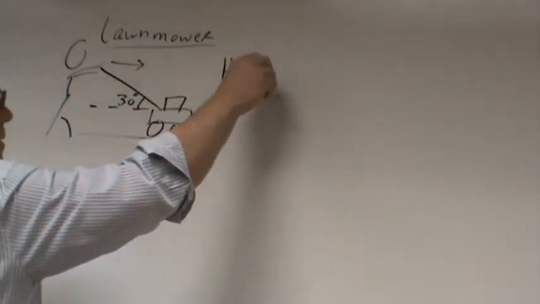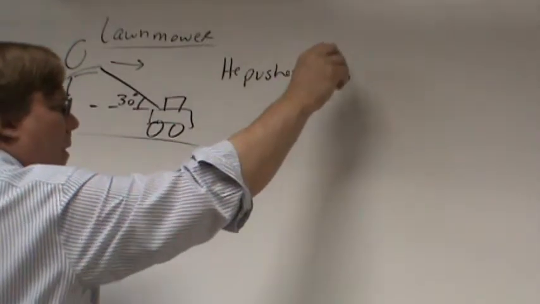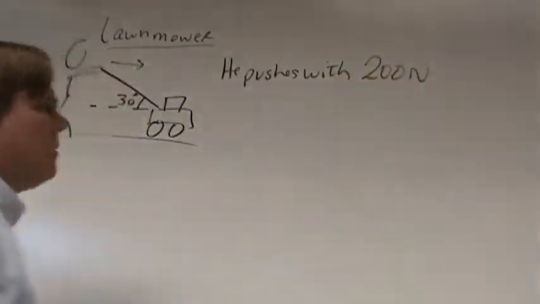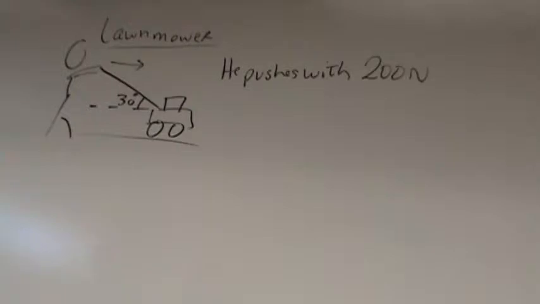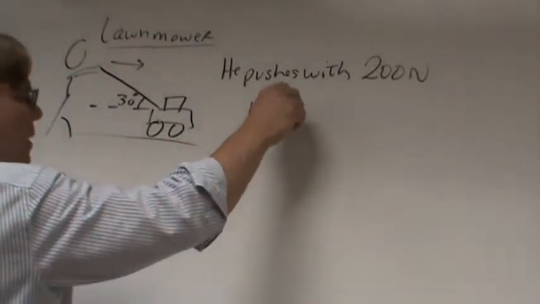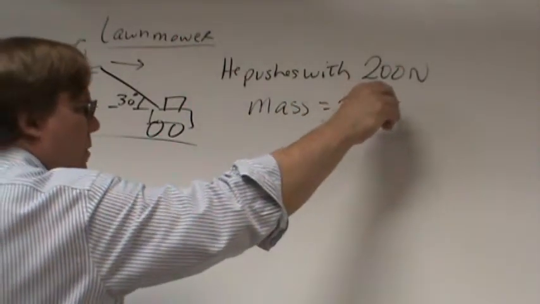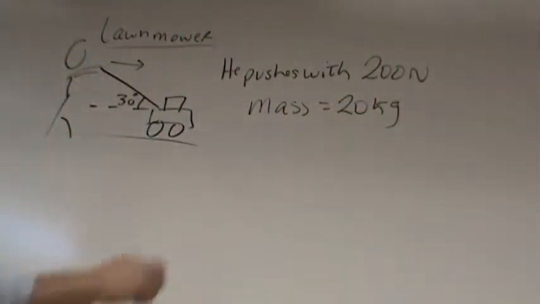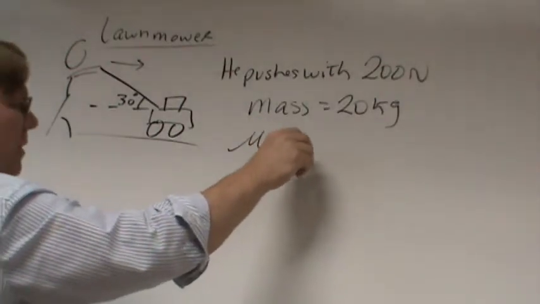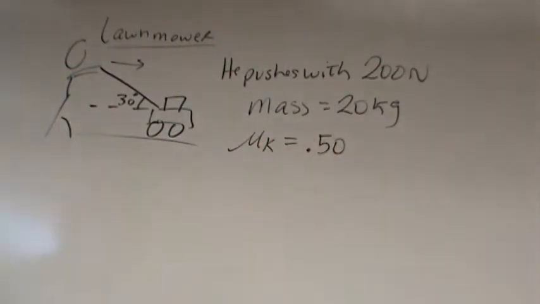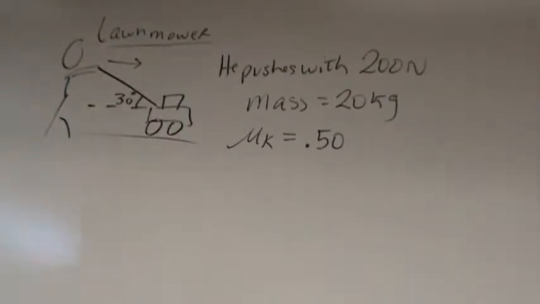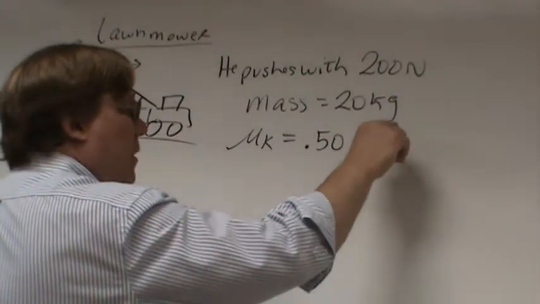He pushes with 200 newtons of force. So this guy's pushing on the lawnmower with 200 newtons of force. The mass of the lawnmower is 20 kilograms. And the coefficient of kinetic friction between the lawnmower and the grass, because you kind of fight your way through that grass with the wheels, the coefficient of kinetic friction is 0.50. And we are going to find his acceleration.